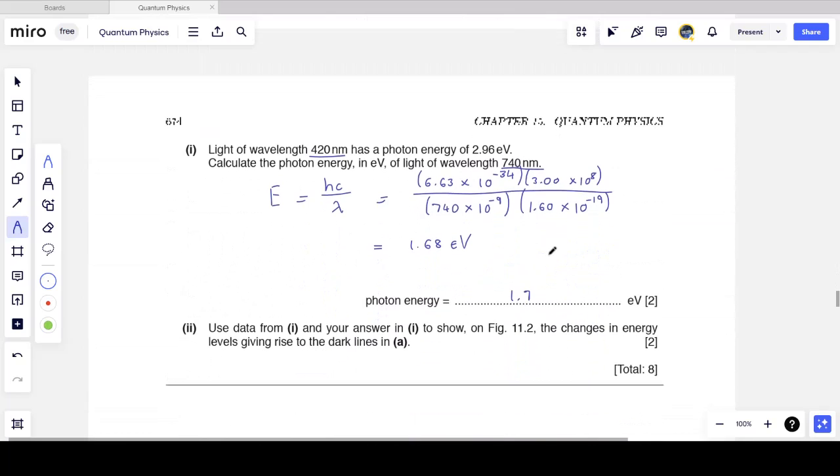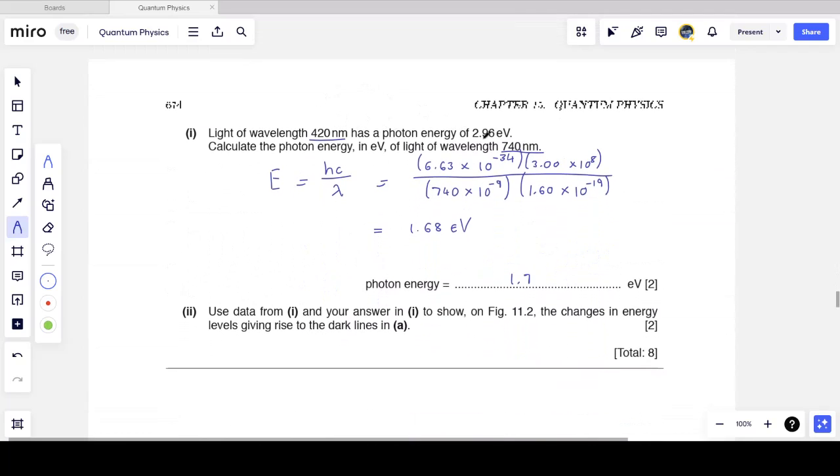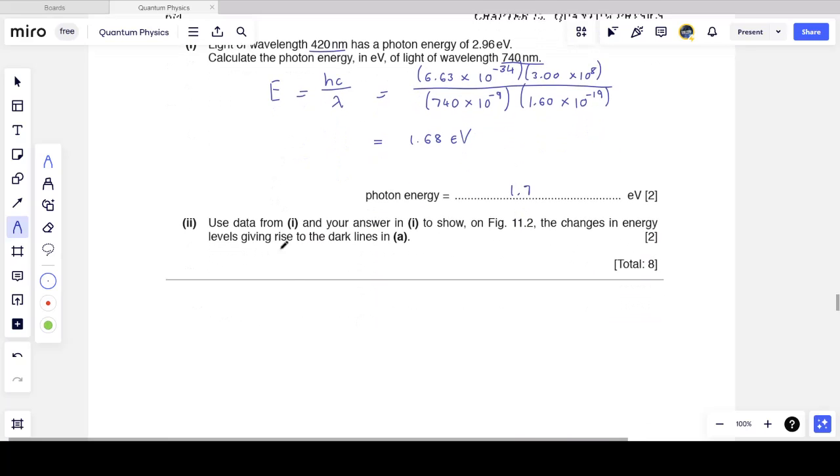So only energies in between 420 and 740 nanometers are going to be absorbed. So what this means is that my photon energies, and hence electron transitions, must be between 1.68 and 2.96, which is given in the question. The one I've calculated, 1.68, and 2.96 electron volts.